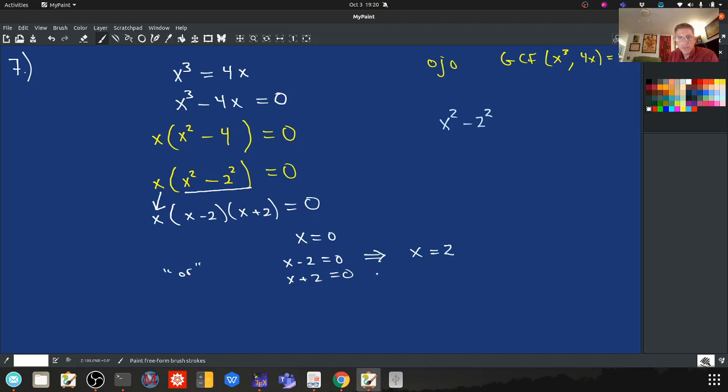X plus 2 is equal to 0 implies x is equal to minus 2. So my solution set has 3 elements. X is equal to 0, x is equal to 2, and x is equal to minus 2. And in general, a cubic equation, the original equation was cubic, will have at most 3 distinct solutions, and here we have all 3 solutions.